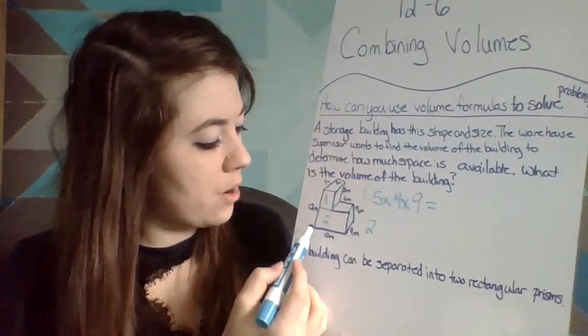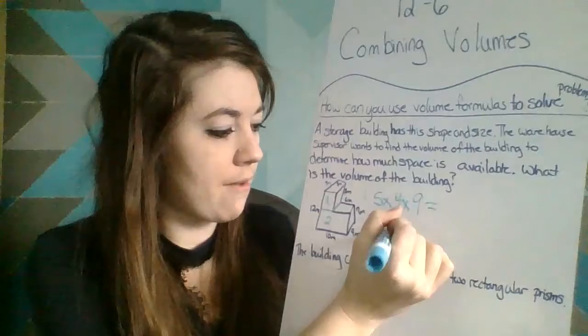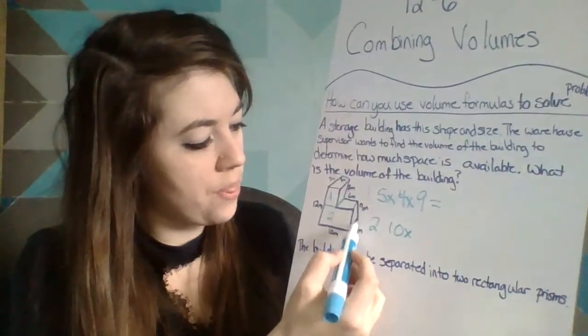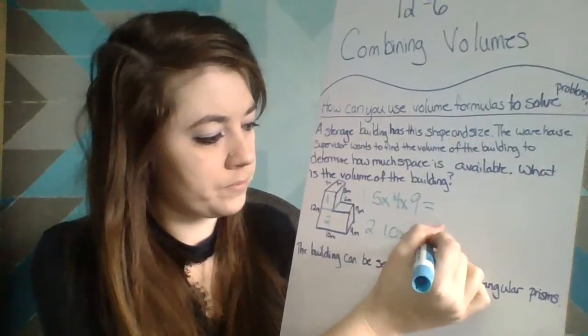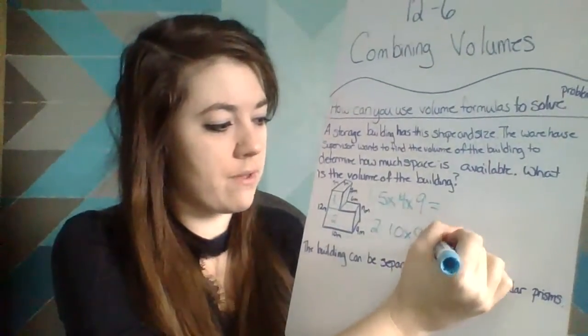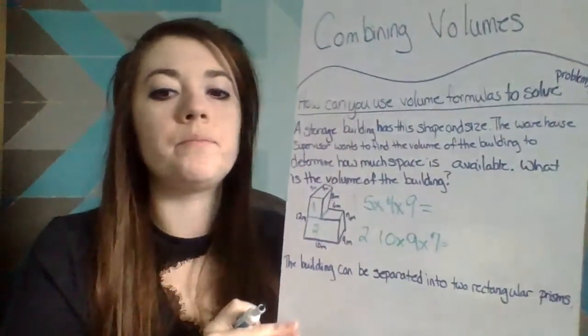Okay, so on this one, we've got the 10, that's the full length of this, so we'll have 10 times, we know the width is 9, and the height is only 7. So even though we had that 12 over there, we're not using that for our height.